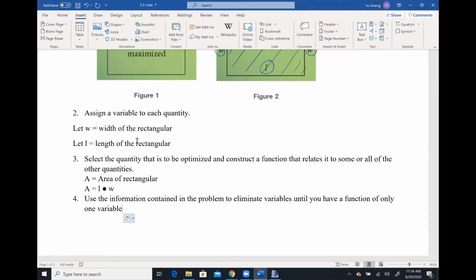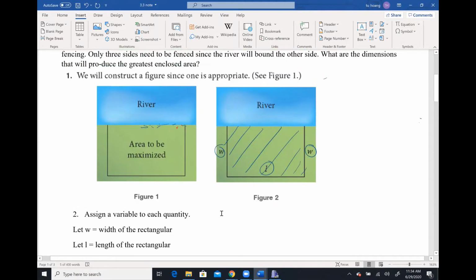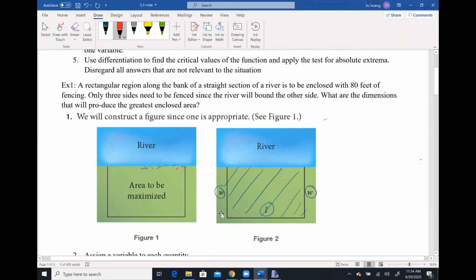The thing in here is I want function A to have only one variable, and what I have right now is 2 variables. So I have to use the information contained in the problem. What is the information that's contained in the problem? It is this 80 feet with only 3 sides.